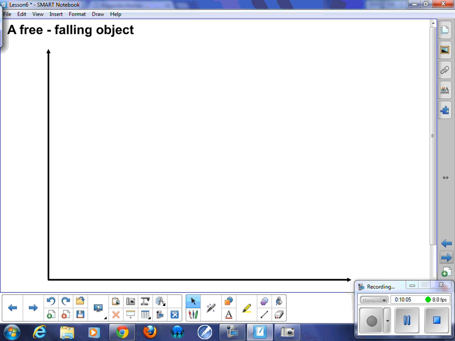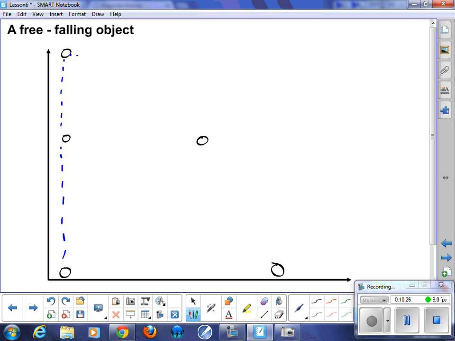Okay, so let's talk about a free-falling object for a second. If I drop an object, so I'll do the 3 stages, here's impact, or I send it out as a projectile, and it follows a parabolic path. So here's path 1, and then here's path 2.